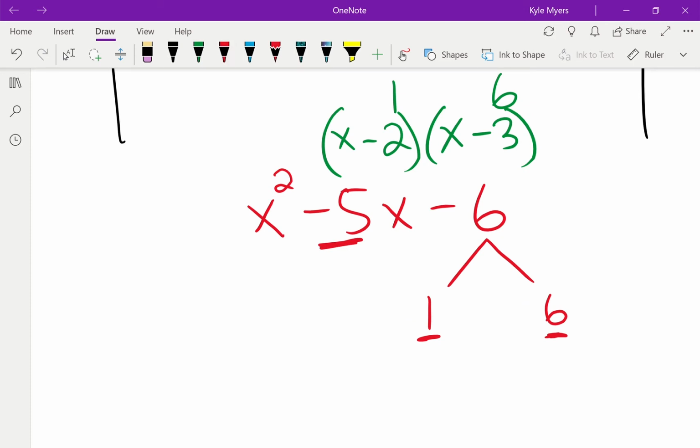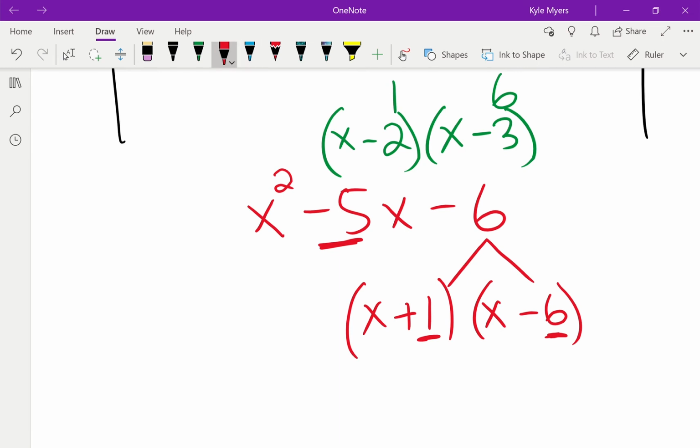If I change them, now 1 minus 6 gives me negative 5, and it still multiplies to negative 6. So now it gives me what I need.